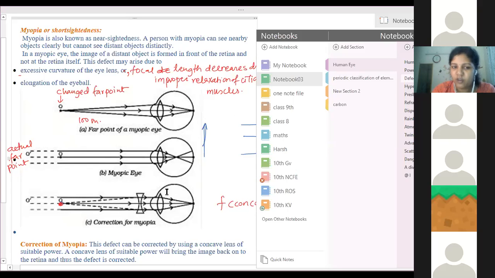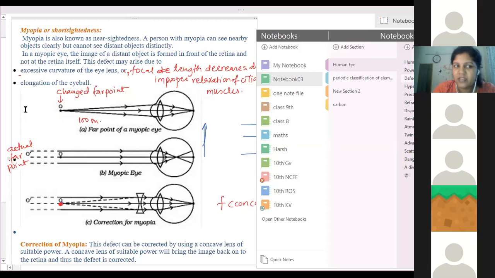Now for this eye, there is no problem from this distance. Anything beyond this distance he can't see. But anything within this limit, he is able to see, because the rays from it fall on the lens and the image is formed on the retina. Able to understand this point? Yes, ma'am. So this is the limit for this eye.